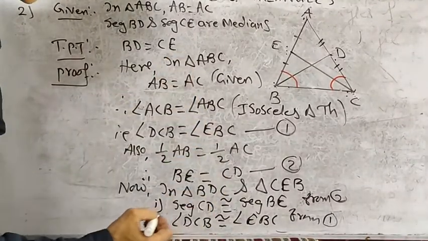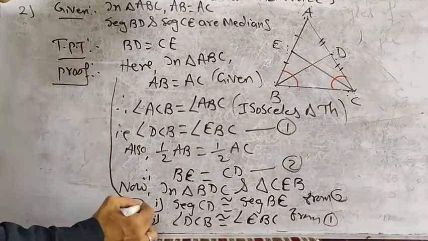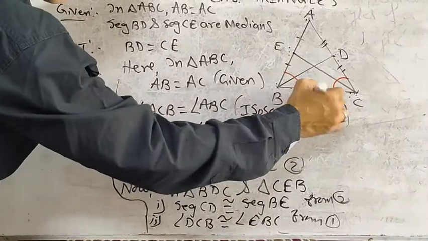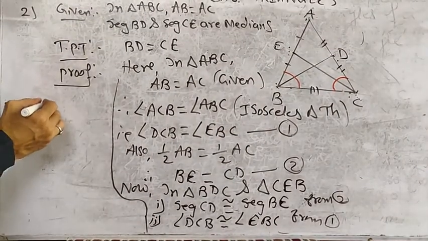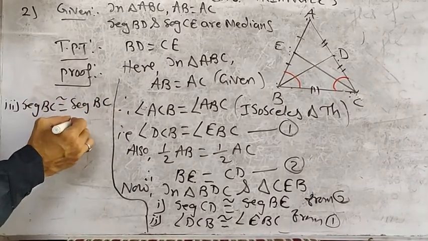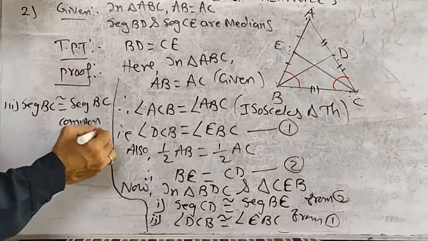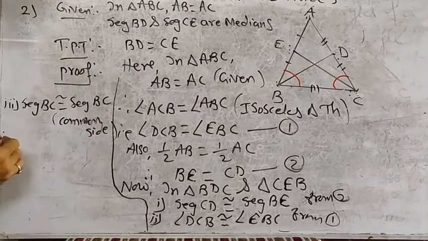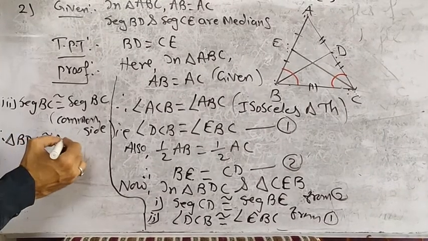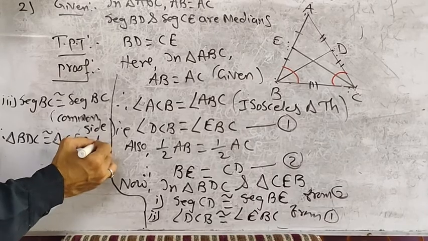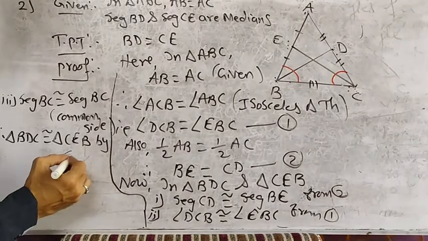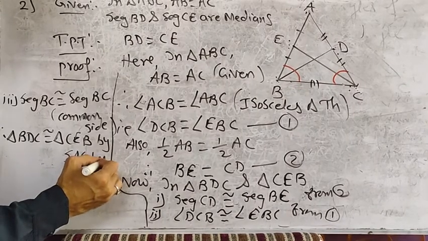Okay, now third condition. There is no place, I am writing here. Third condition, seg BC is congruent to seg BC. This is, you know, a common side, and therefore triangle BDC is congruent to triangle CEB by which test, you know, side angle side, SAS test.